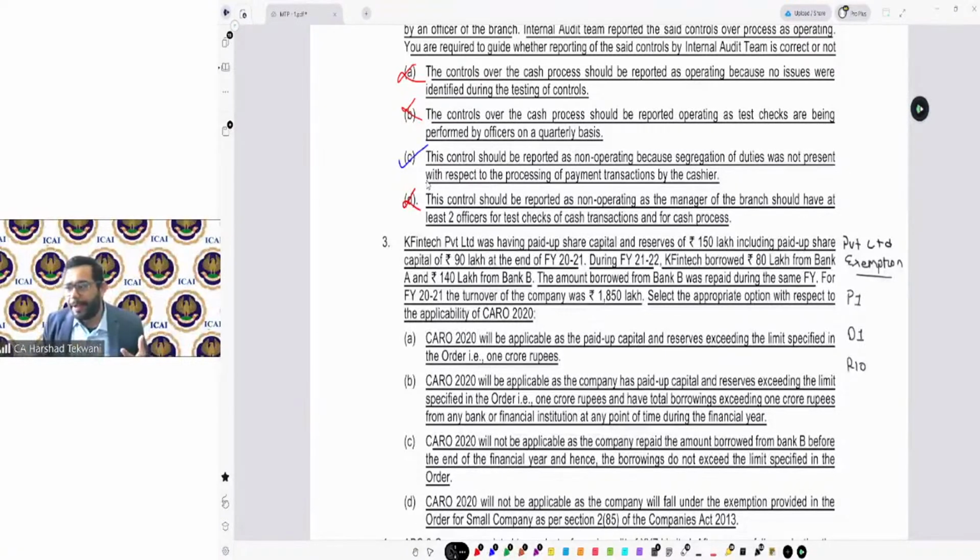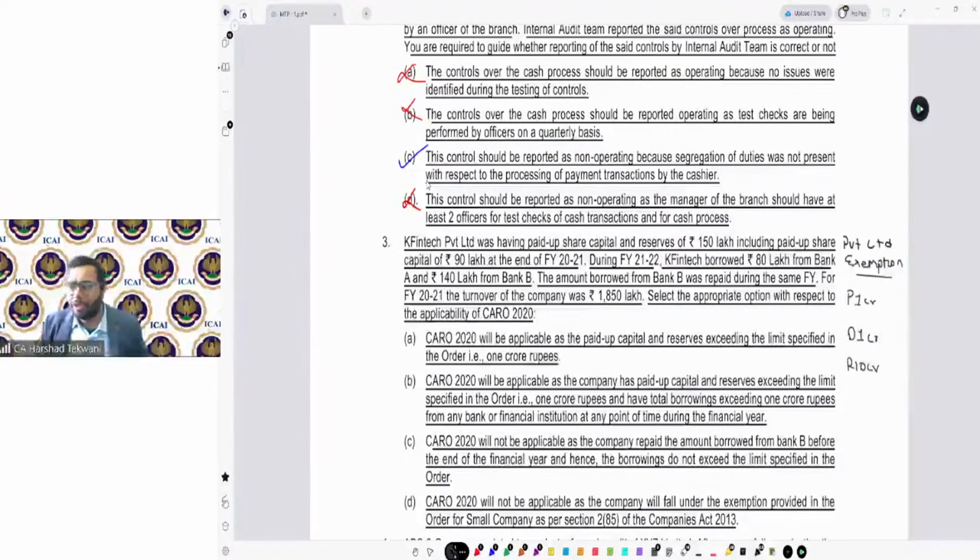That is, paid up share capital less than 1 CR, debt less than 1 CR, and turnover or revenue less than 10 CR. That is the private limited exemption.